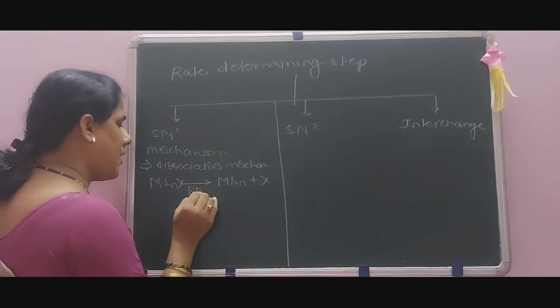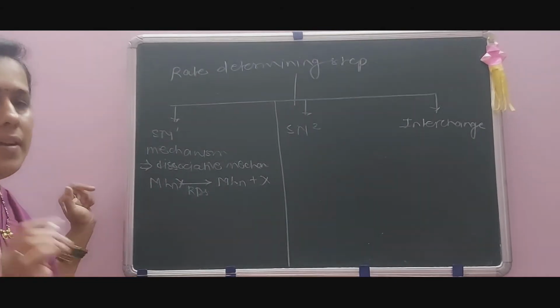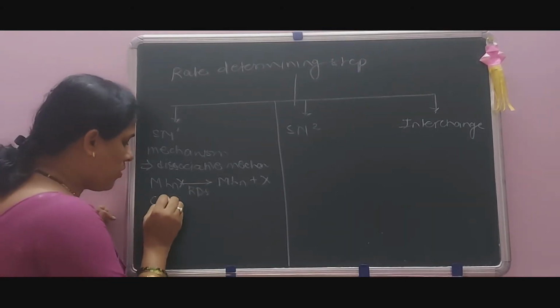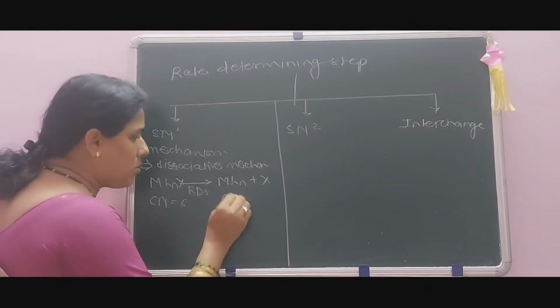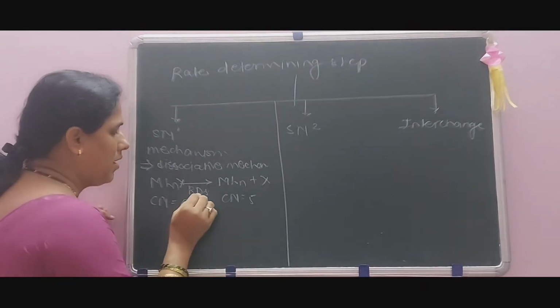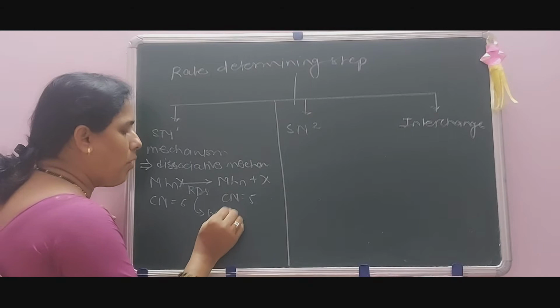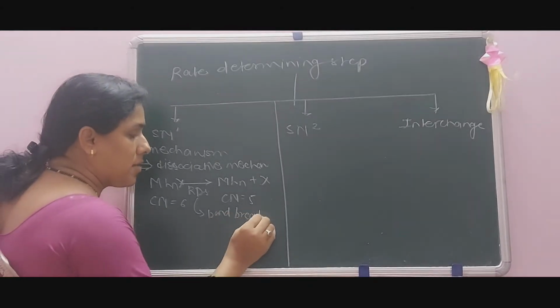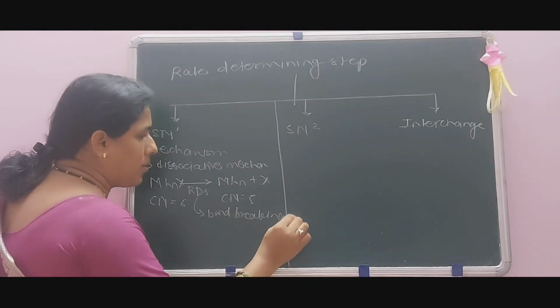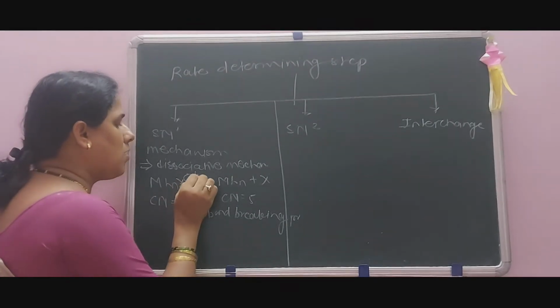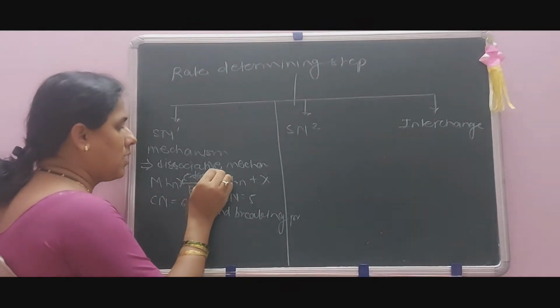This is the RDS, the rate determining step. The coordination number changes from 6 to 5. This step is also called a bond breaking process, or dissociation.